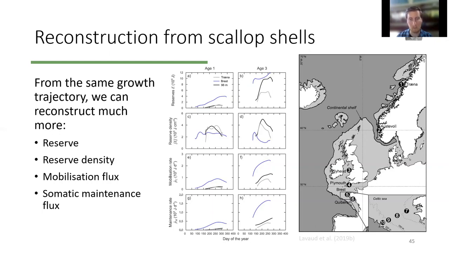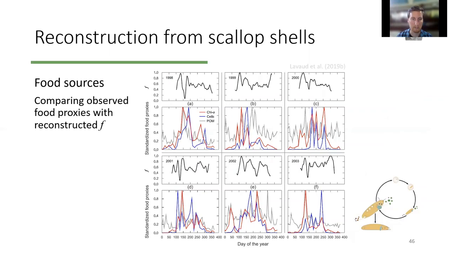And so there's a bunch of interpretation that can be made from these simulations and help us better understand the patterns that we see in the distribution of species and in their different growth patterns.